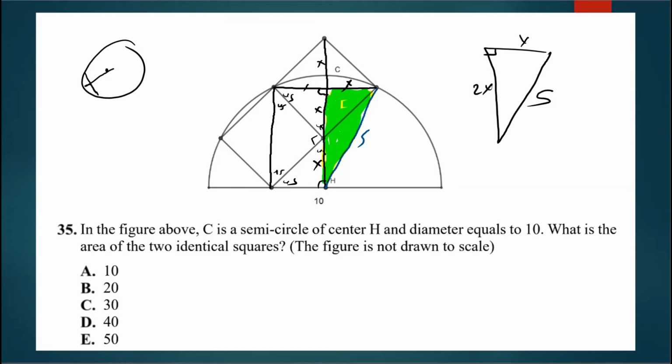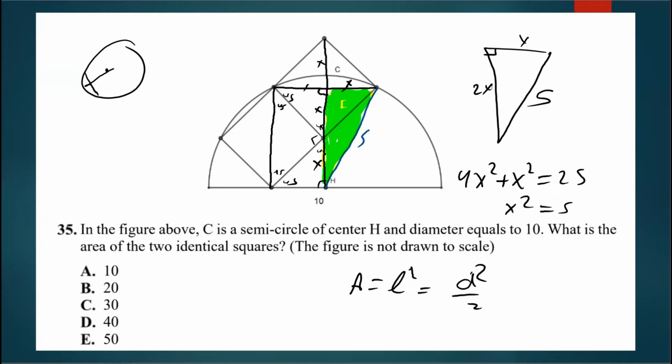Use Pythagoras: 4x squared plus x squared gives you 25. That makes x squared equal 5, and x is root 5. Okay? I don't need x anyway. I need the diagonal. I know the area of the square should be either the side squared or the diagonal squared over 2. I know the diagonal is 2x.